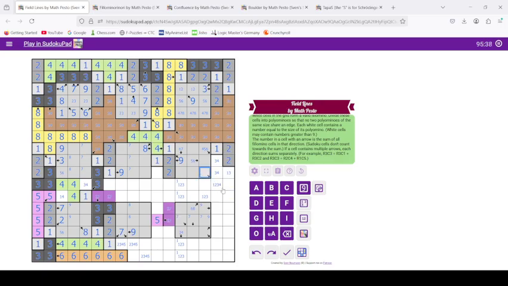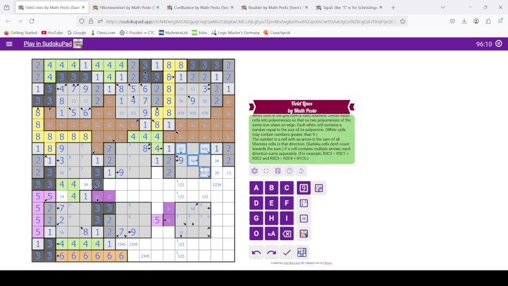This is at least a 2. No, it can't be a 2. If this is 1, 1, what's this? 3? No. So it's at least 3, but it can't be, so it's at least a 4. 4, 5, 6, 7, 8. Unfortunately, does not form a quadruple. 4, 5, 6, 7, 8.